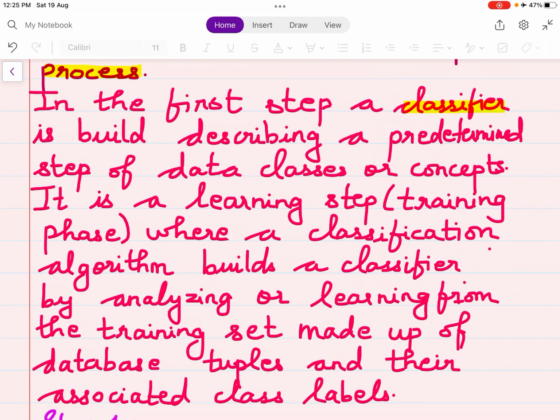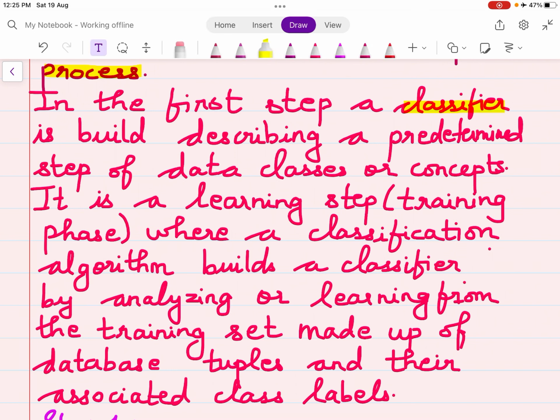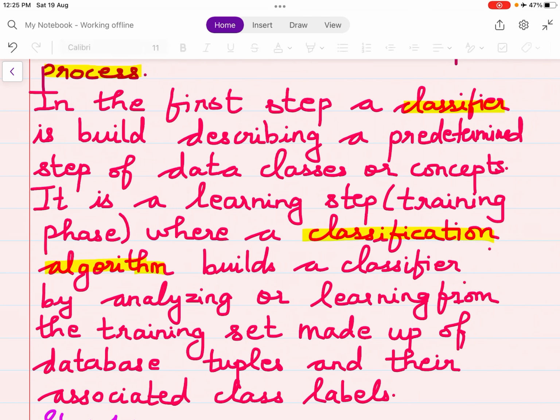It is a learning step, that is a training phase, where a classification algorithm builds a classifier. Who is making that classifier? I said the machine, that is the classification algorithm. That algorithm will be making a classifier. So it is a learning step, the training phase, where a classification algorithm builds a classifier.